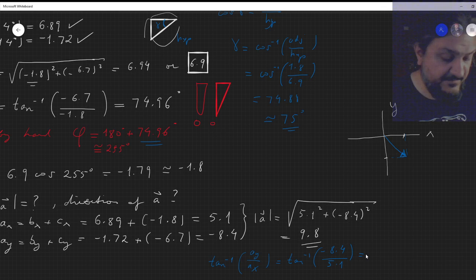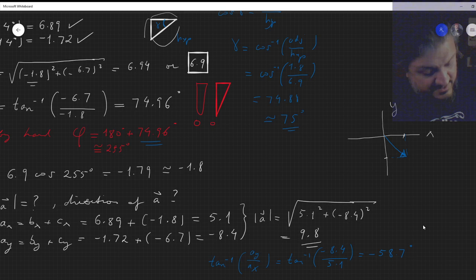This is negative 58.7 degrees. Negative means it's below the x direction.